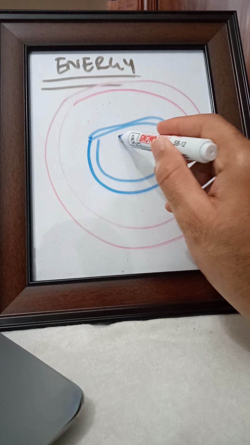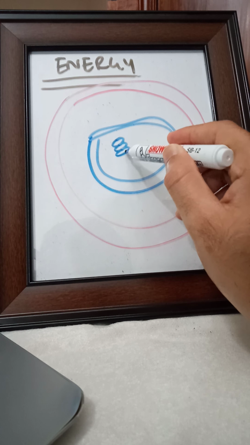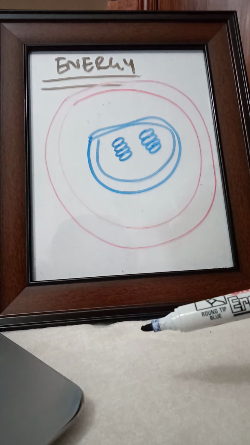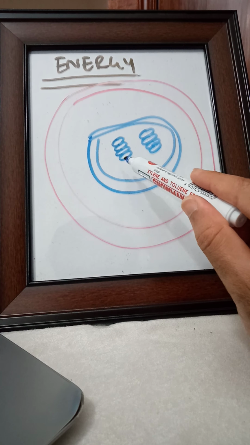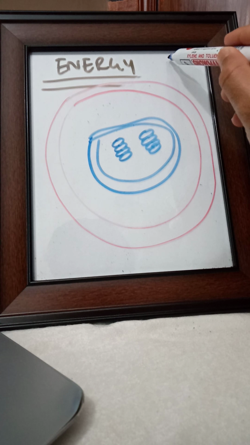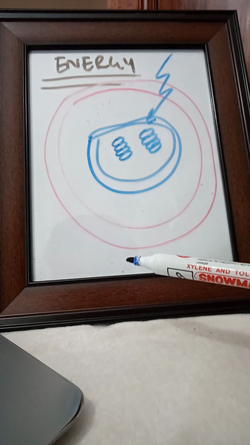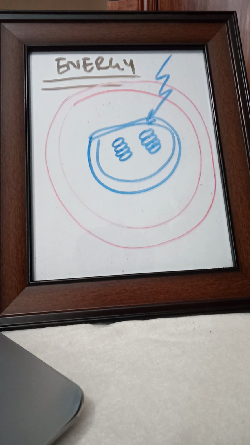This contains inside a green pigment that is called chlorophyll, and this chlorophyll has the capability to capture the radiations which are coming from the sun. And by using this sun energy, the chloroplast can produce glucose.